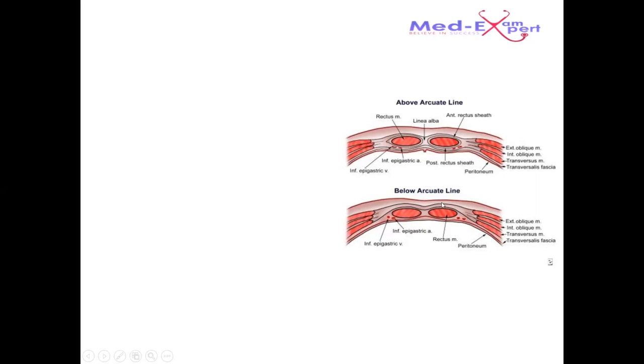Okay? What about the part below the arcuate line? Here, all the muscles, the external oblique, internal oblique, and transversus abdominis, are lying in front of the two recti, while the transversalis fascia lies posterior to these rectus muscles. This anatomical fact explains why, when we are opening for a cesarean section, we don't find a posterior rectus sheath.